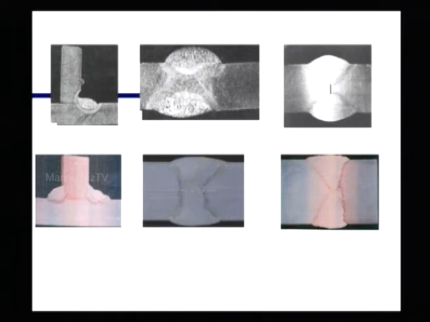Of course, here is one of the other very common defects. It's basically over-welding or very high reinforcement, and as you can see here, this area is like a notch, and it will reduce, of course, the fatigue strength of the weld.